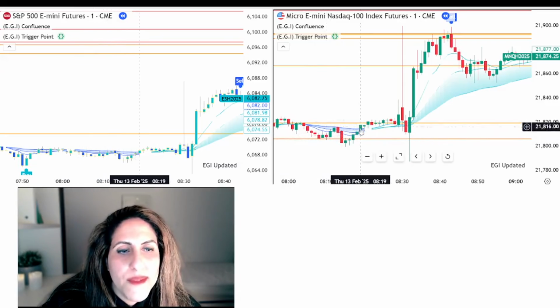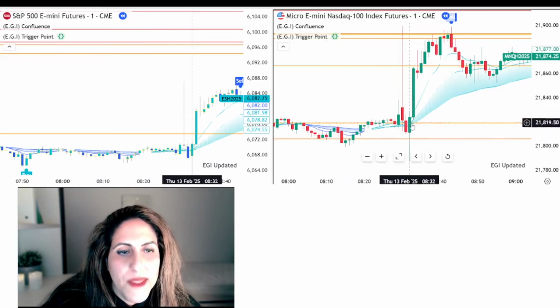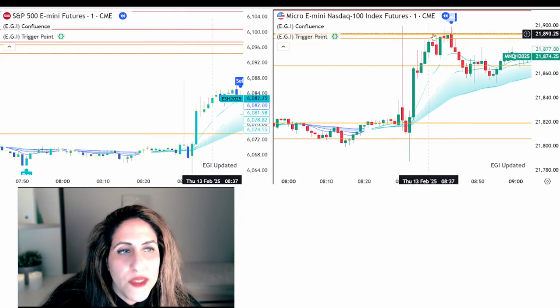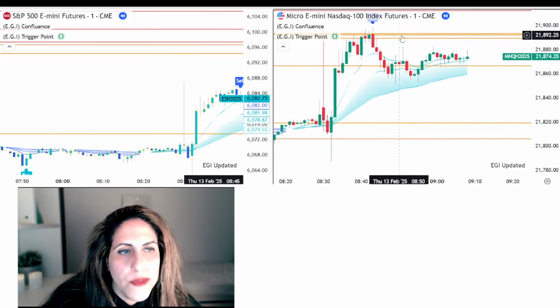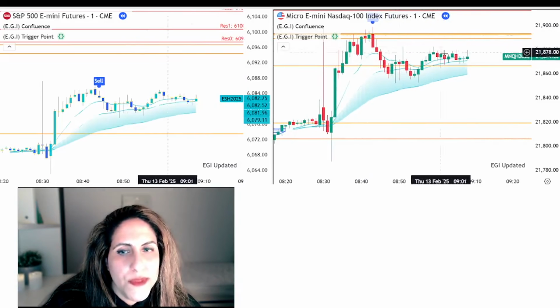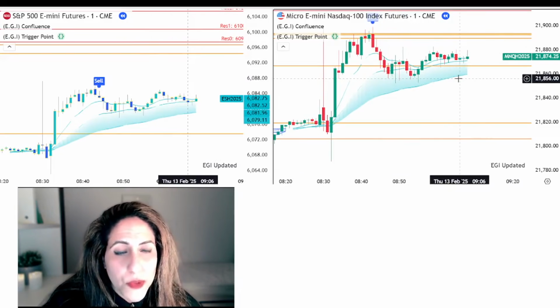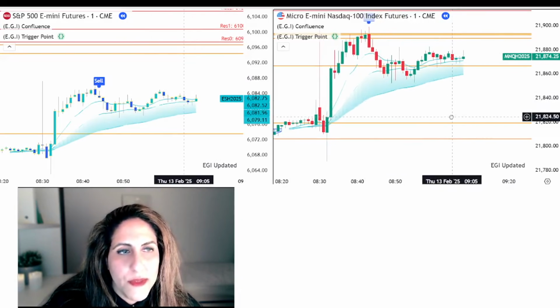We expect this behavior, in many cases, this consolidation here, until it breaks. Okay, and here I think there was a high impact news. It bounced off resistance several times, as you can see here, and then it bounced off this support level.